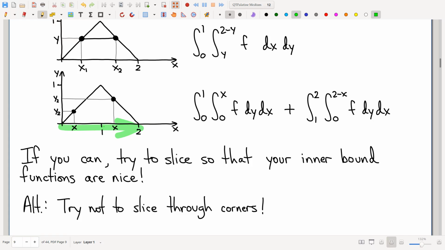So what we have to do is super annoying, but we have to say, all right, we'll start with x going from 0 to 1. The upper bound for y then is just that curve, which has a perfectly nice equation. Play the game, solve for the appropriate, and that gives you an upper bound that looks like this.